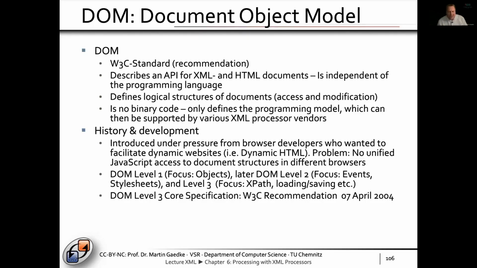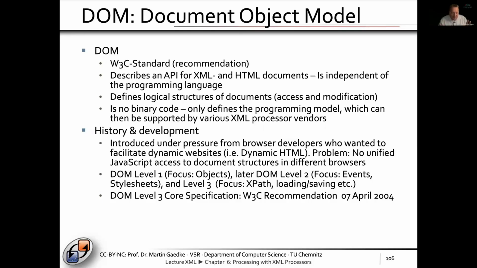So what does it mean? An API for XML and HTML documents without talking about the programming language? Well, the API that you can read about and the data structures that you can read about in this W3C recommendation are abstract objects or data structures and abstract API names and their signatures.